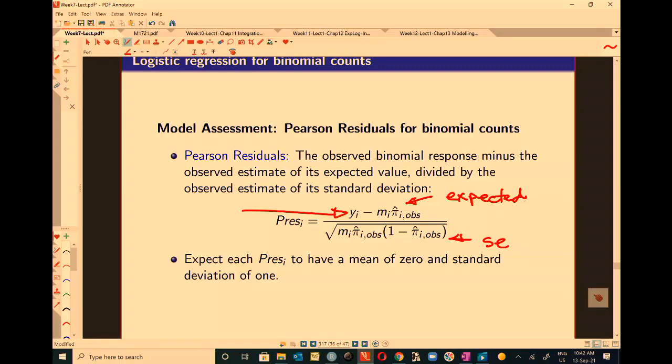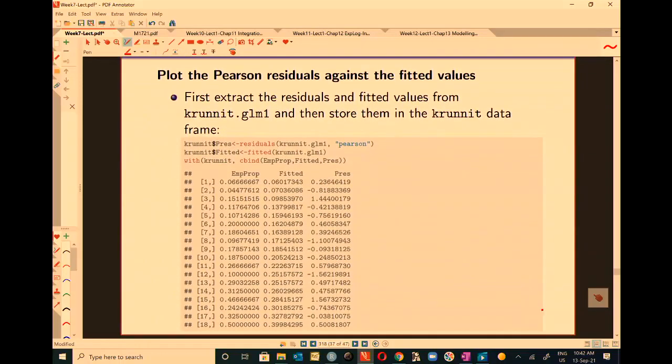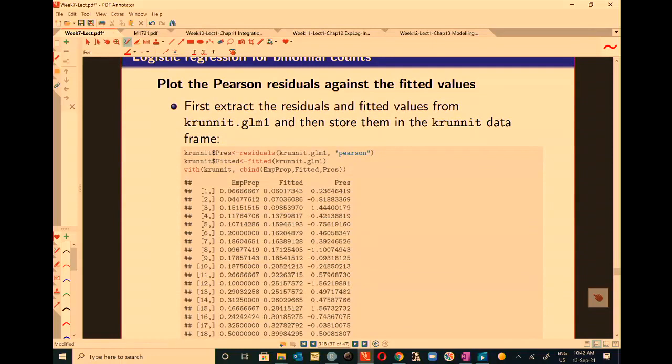So I can look at those and try and work out from there if I've got some kind of behavior, outliers or whatever else here. And so this will have mean 0 and standard deviation equal to 1 because I've standardized this whole thing. So here the Pearson residuals are simple to calculate by just implementing the formula.